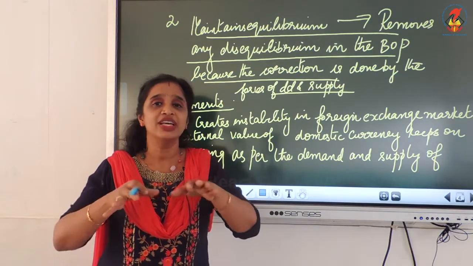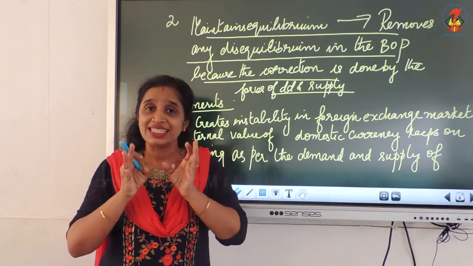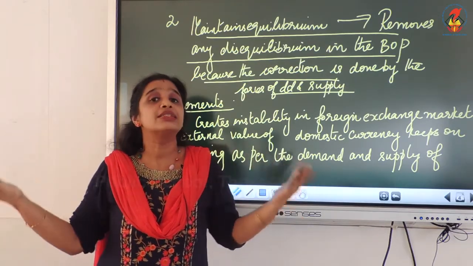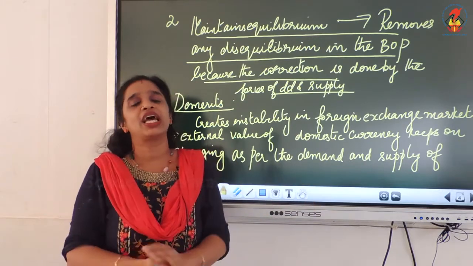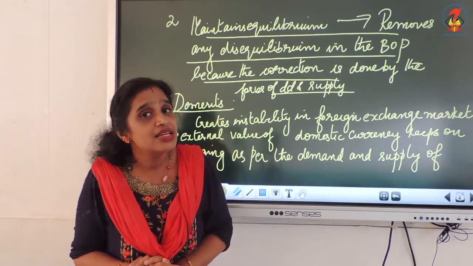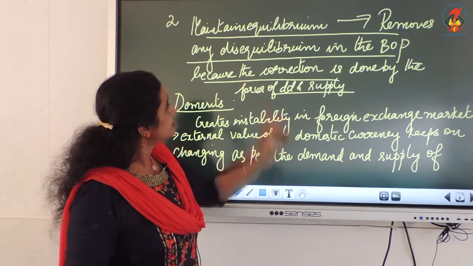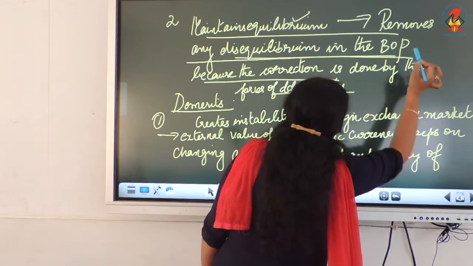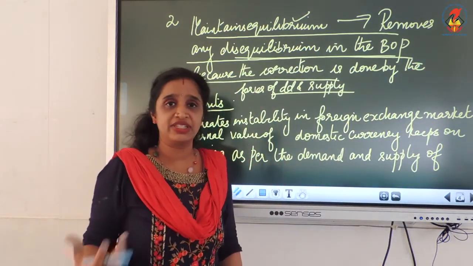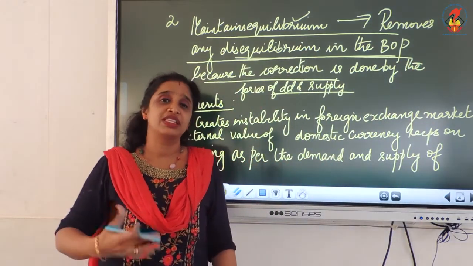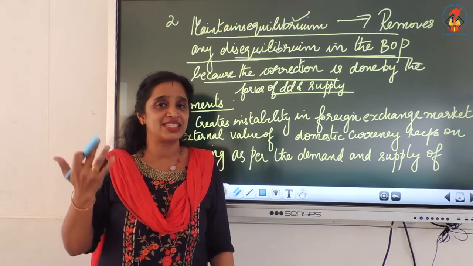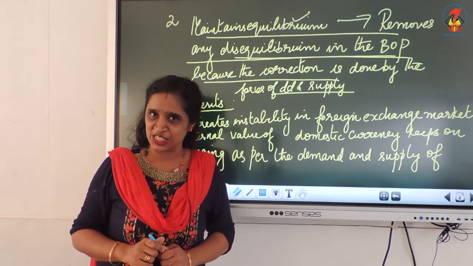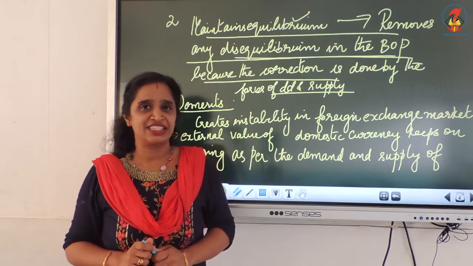Disequilibrium means what? If there is anything which is removed from the equilibrium state, it is known as disequilibrium. It can be brought back with the help of forces of demand and supply. Likewise, it maintains equilibrium. That means if there is any disequilibrium in the balance of payment, a deficit or a surplus, just as I explained when I discussed the fixed exchange rate system, that was the main problem of the fixed exchange rate system.